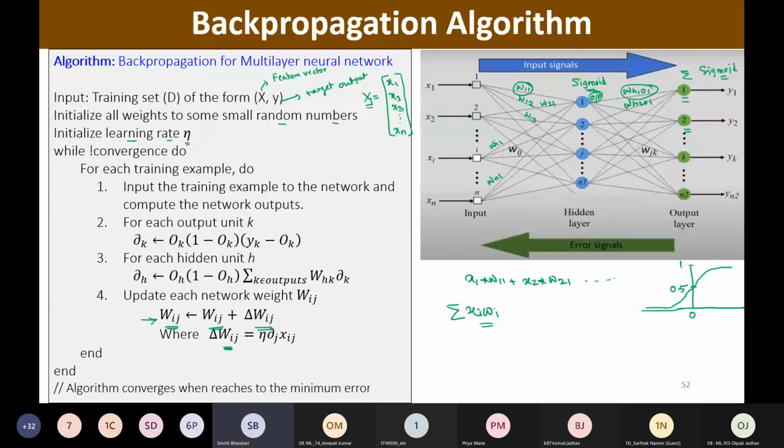If the error is not minimum, then we follow this process iteratively and modify these weights. So this is the overall back propagation algorithm. If you are interested, I'll solve one problem for you so that you can understand how this algorithm works. So may I go with one example?